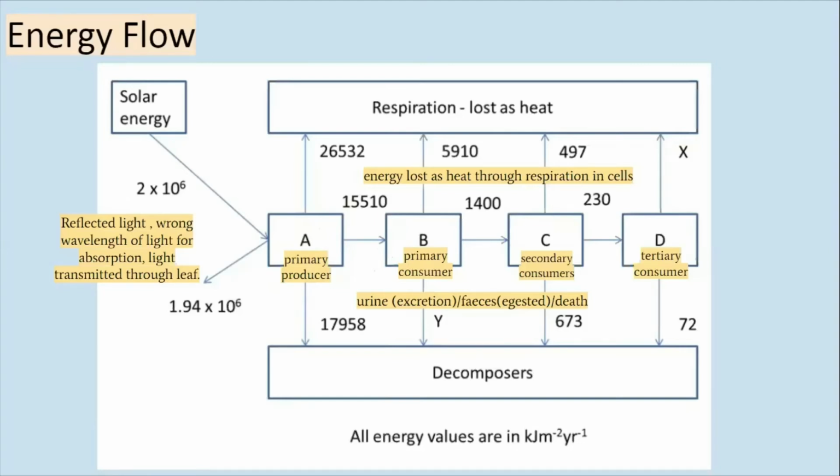Some of the cellulose, for example the fiber, will be egested as feces or may be excreted as urine. We also know all living organisms are obviously going to die and therefore be decomposed, and this goes for the secondary consumer and the tertiary consumer as well.